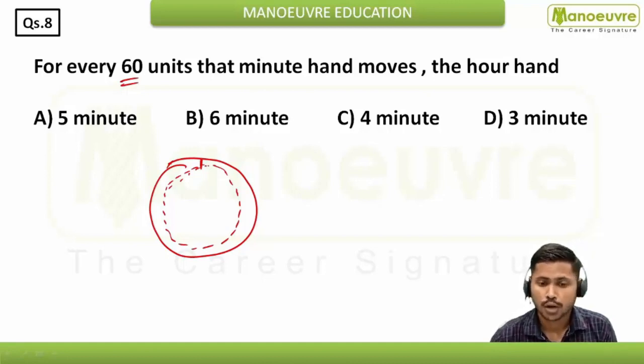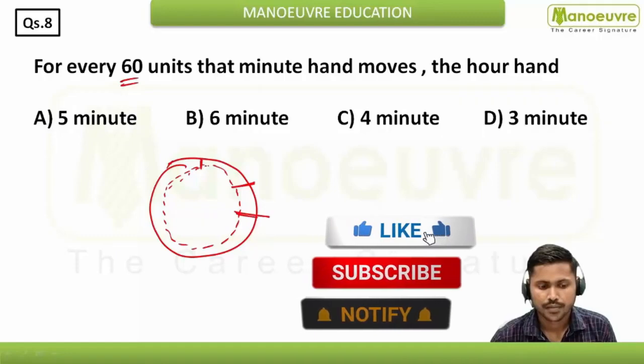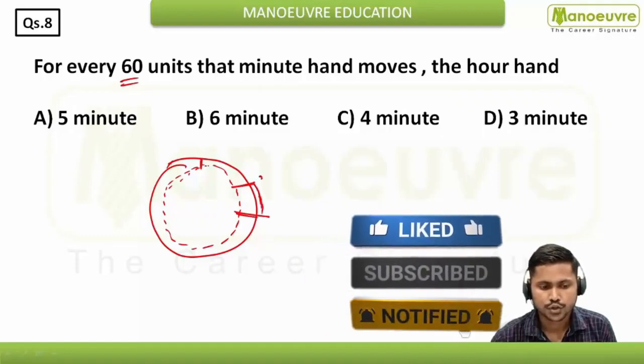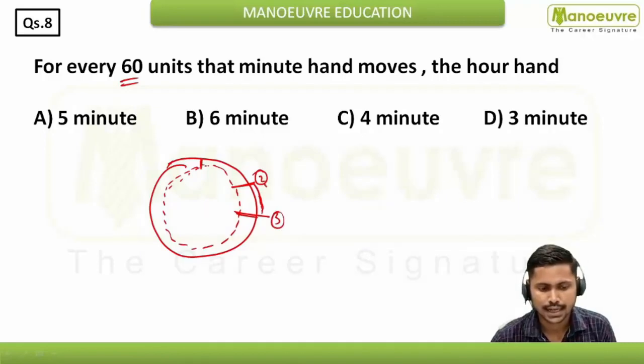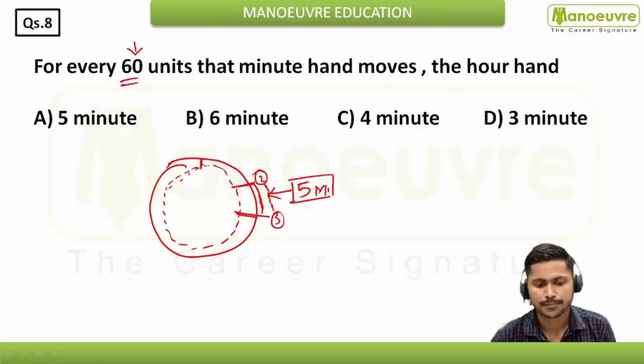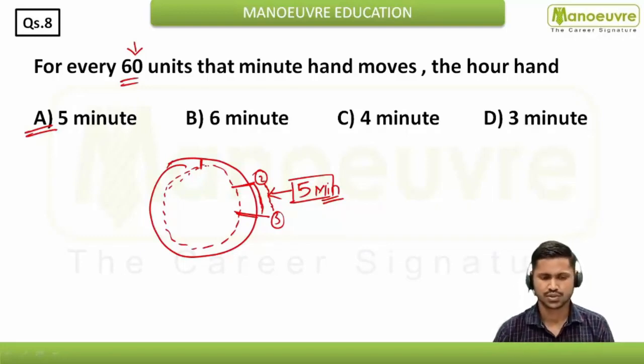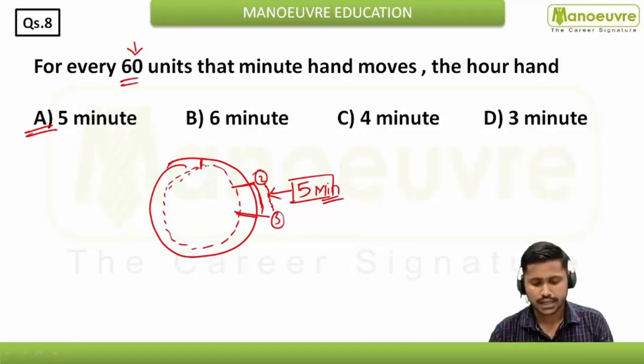But if I talk about the hour hand, if it is at 2 and it goes to 3, then only this much it will revolve with respect to 60 units in terms of minutes. So here it is revolving only 5 minutes with respect to the minute hand. So you will mark your option as 5 minutes. This is how you can do this question. The hour hand will move only 5 minutes. Let's move ahead for the next one.